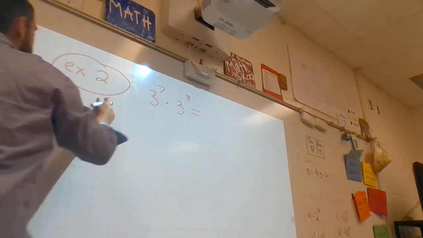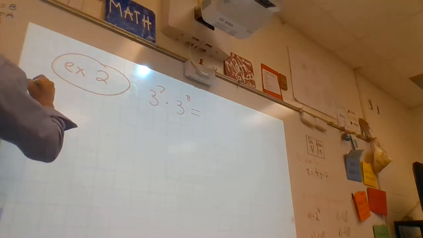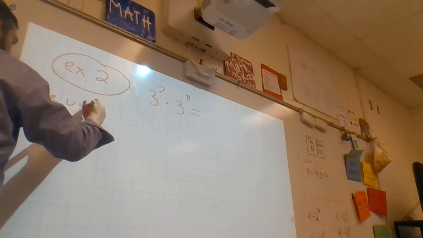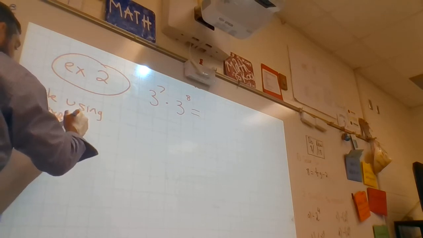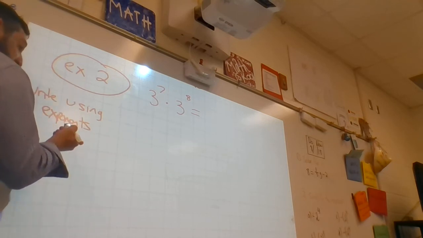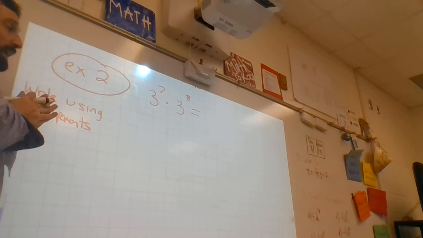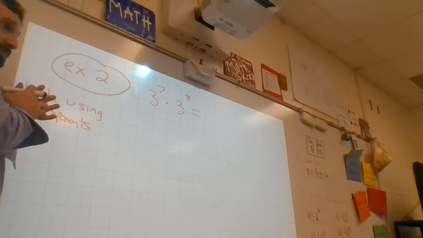The directions here, and please listen to the words that are coming out of my mouth, if it says write using exponents, or write in exponential form, that means you're going to write it using an exponent. What would your answer be to this question if it says write using exponents?